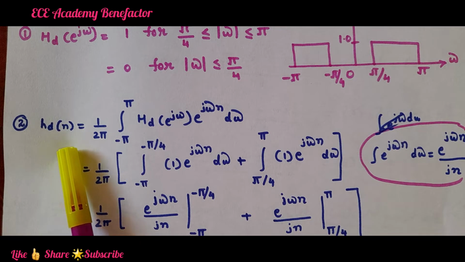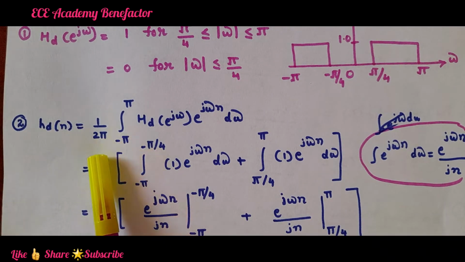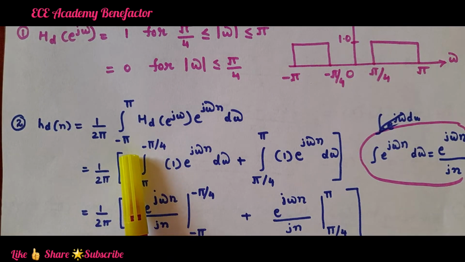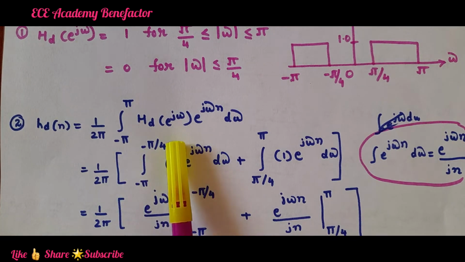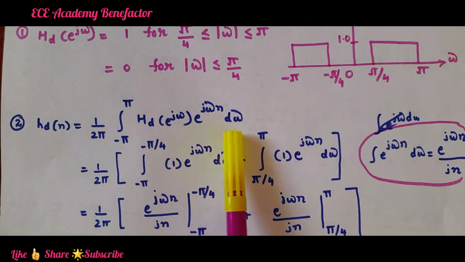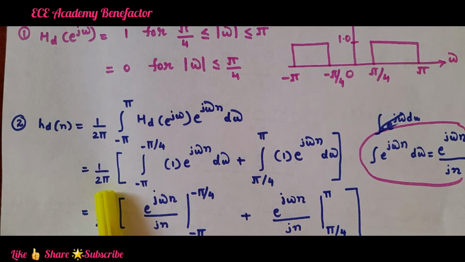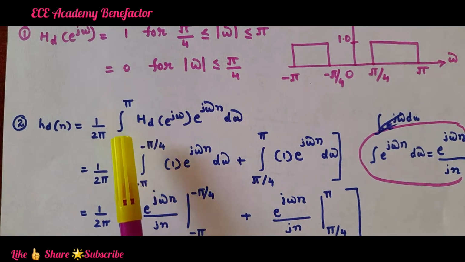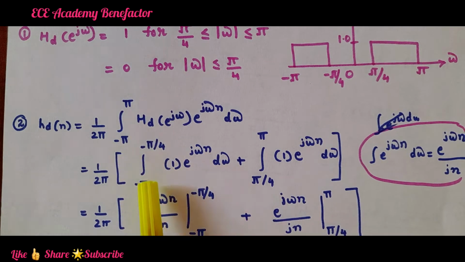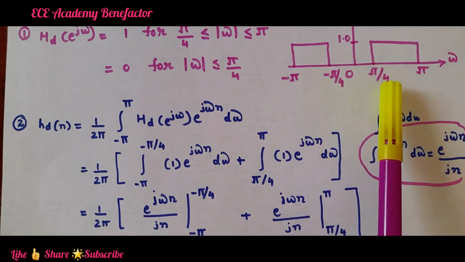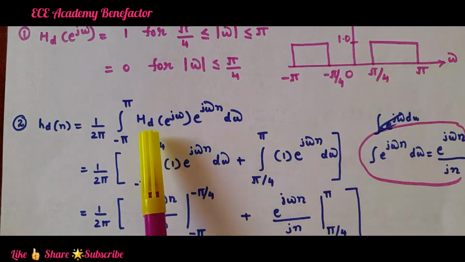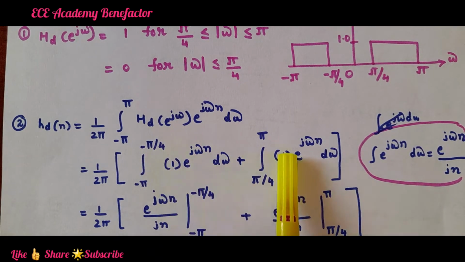HD of n is given by the formula 1 by 2 pi integral minus pi to pi HD of e to j omega e to the power j omega n d omega. This integral limit is from minus pi to pi by 4 and pi by 4 to pi, so we have split this integral into two parts.